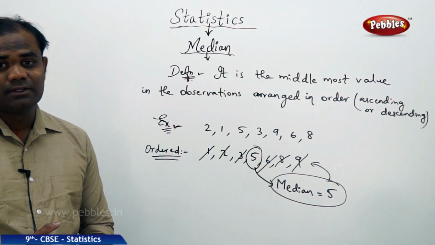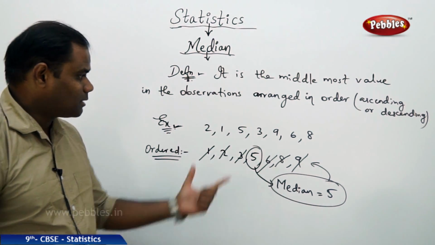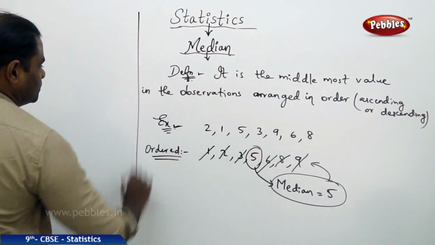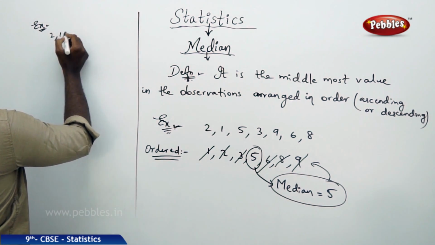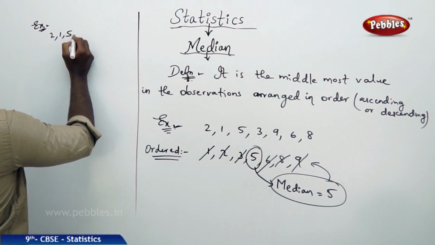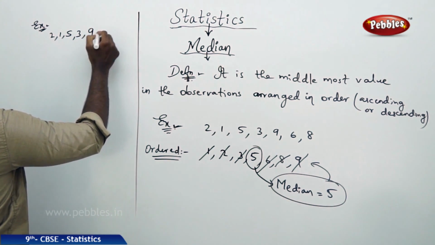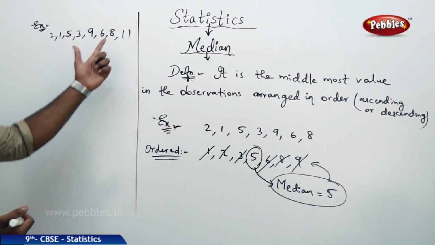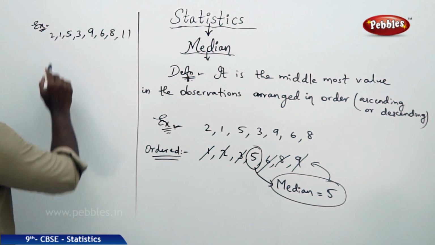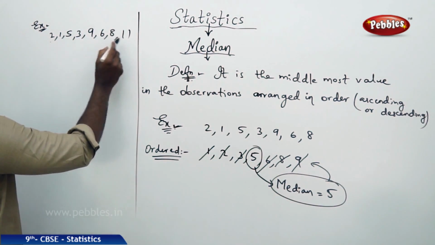But if we have, say, 8 observations, say for example, I take the same example problem, 2, 1, 5, 3, 9, 6, 8, and 11. I have an additional observation, 1, 2, 3, 4, 5, 6, 7, 8.